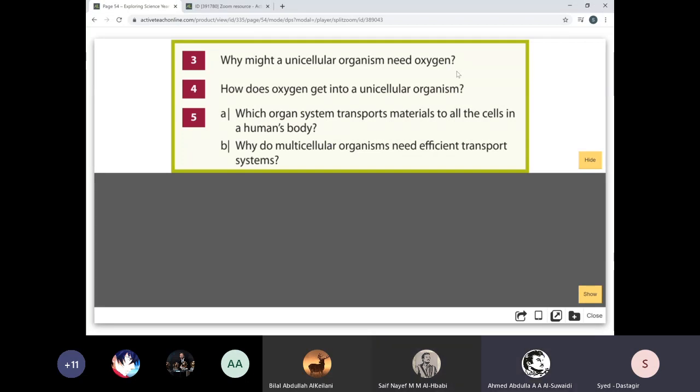Okay, Khalaf, number 4, please. What was your answer for question 3? Same as the to respire oxygen. Okay, thank you. Khalif, your answer for number 4, please.